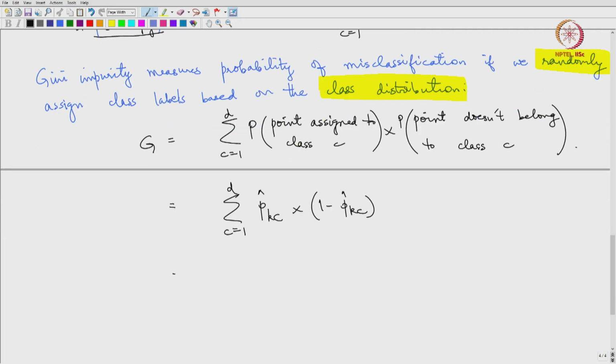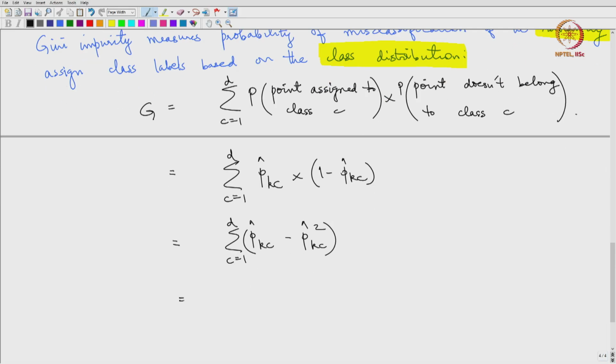Okay. So now if you simplify this further, this becomes the sum of p hat kc minus p hat kc squared, right. I am just opening up the bracket here, and then you have the sum over C going from 1 to D of p hat kc minus the sum over C going from 1 to D of p hat kc whole squared.